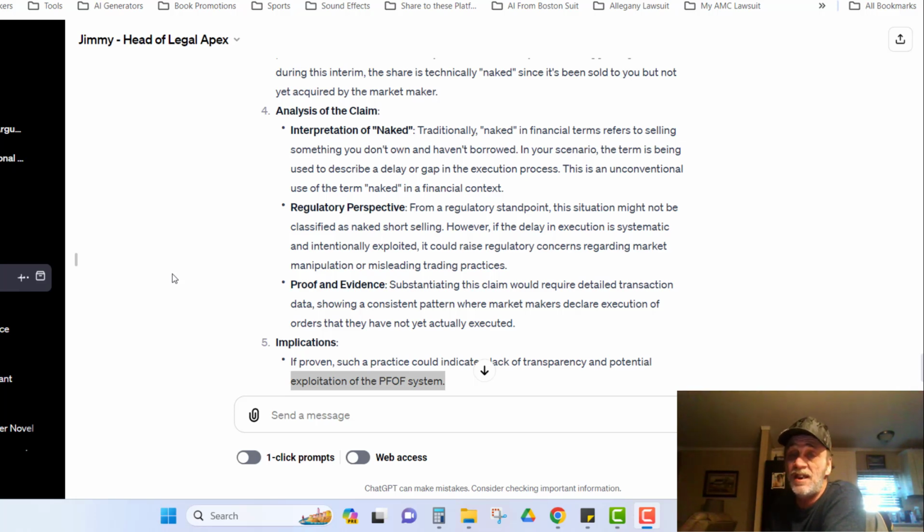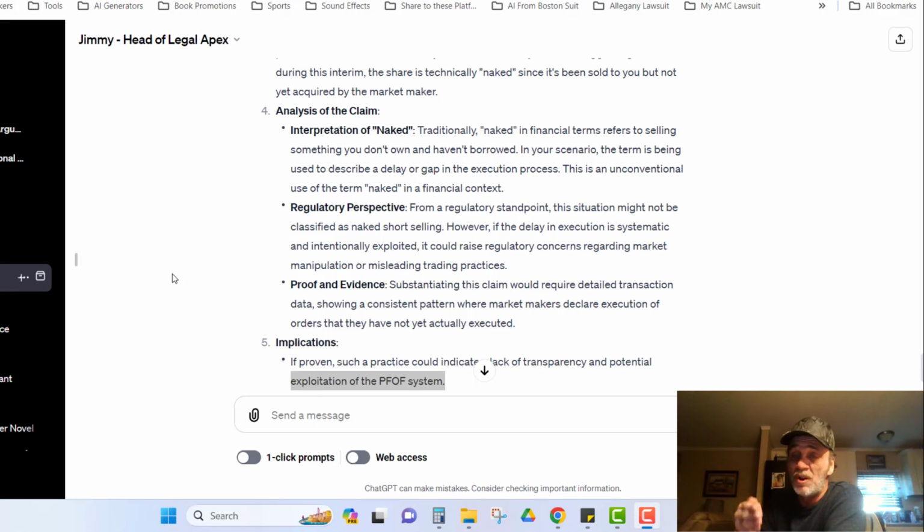Traditionally, naked in financial terms refers to selling something that you don't own and haven't borrowed. In your scenario, the term is being used to describe a delay or a gap in the execution process. This is an unconventional use of the term naked in a financial context.